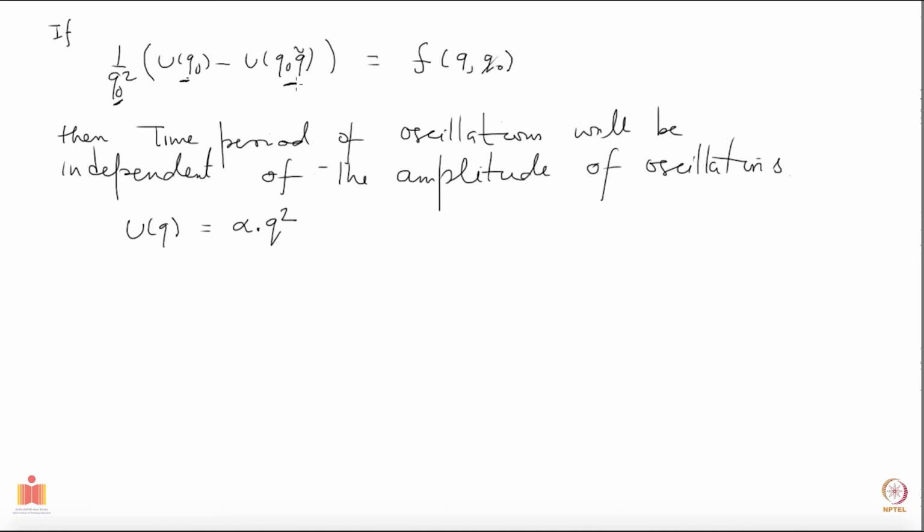This will also be proportional to q naught square, which will cancel with this q naught square, and it will be independent of q0. So you see, for quadratic potentials, the time period of oscillations is independent of the amplitude and also of the energy of the system. If the potential energy of the system is not quadratic, then this is not true.